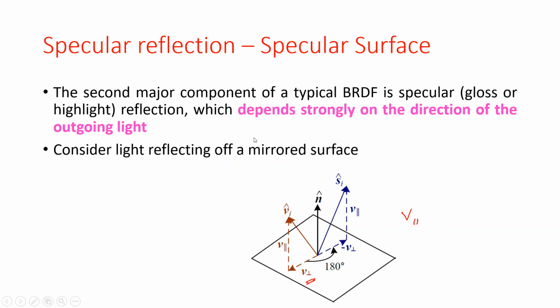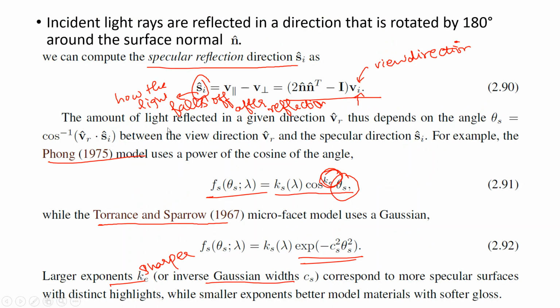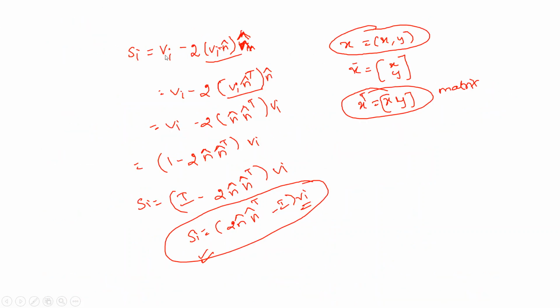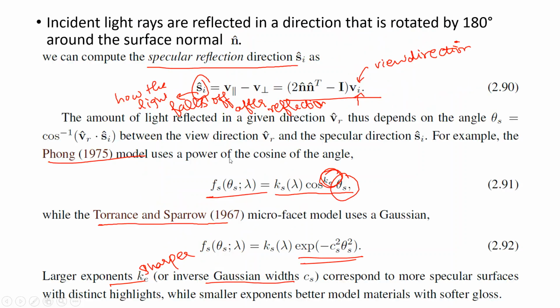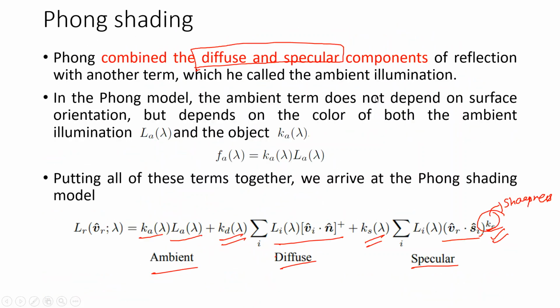In the case of specular reflection, we consider the specular reflection direction Si, which can be calculated using Vi. Using this formula, we have derived this Si. Then on combining diffuse as well as specular, we get Phong shading, which is nothing but the addition of ambient, diffuse and specular. For ambient, we won't consider any other angle or reflection.